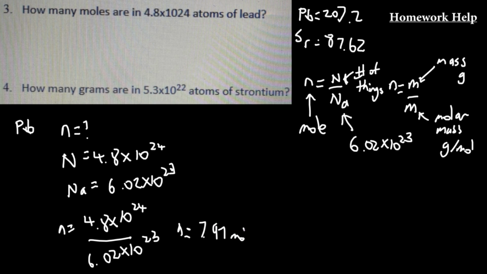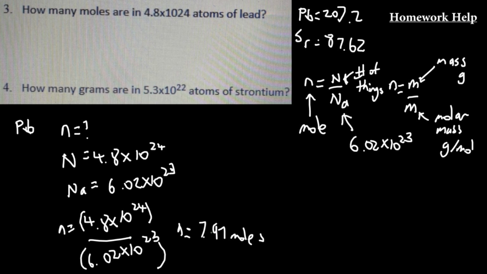So this just means that if there are 4.8 times 10 to the 24 atoms of lead, this means that there's 7.97 moles of lead. Now, on your calculator, you might have to put a bracket before you plug it in. Otherwise, it may not calculate it properly. But regardless, your answer should be 7.97 moles.